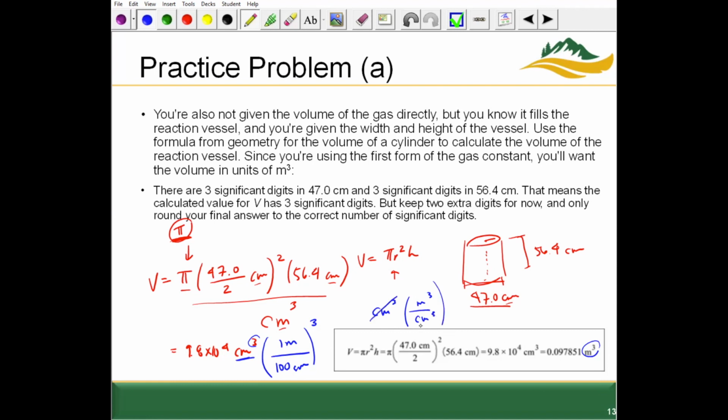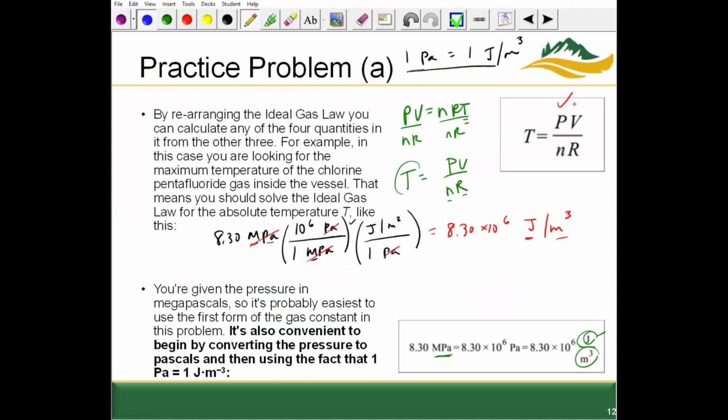That makes centimeters cubed and centimeters cubed cancel out, leaving meters cubed. So we need to cube 100. Take 9.8 times 10 to the 4th divided by first 100 cubed. When we take this number divided by 100 cubed, we get 0.097851 in meters cubed now. Now we have our volume term.